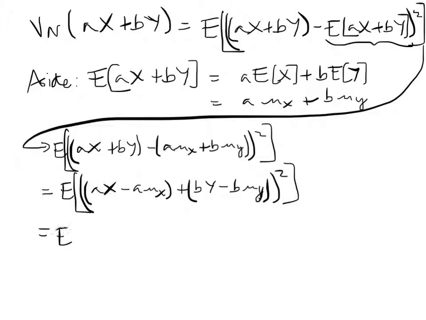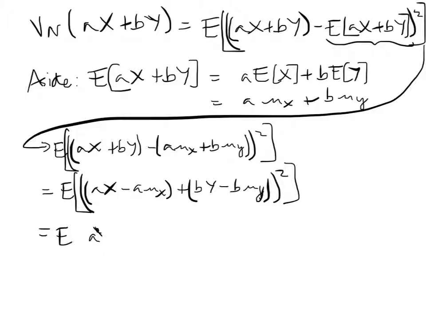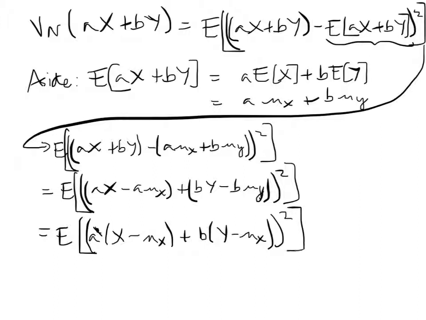Let's factor out the constants. Well, I'm sorry, we can't factor out the constants yet. We can only factor them out of the first terms, not out of the squared. So we get this plus this. That whole quantity gets squared, and we're taking the expectation of that.